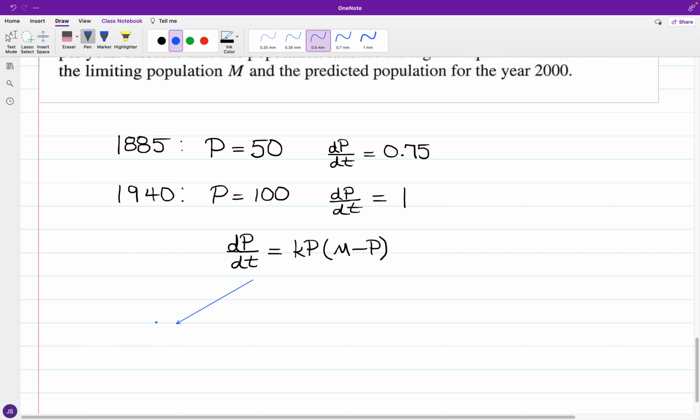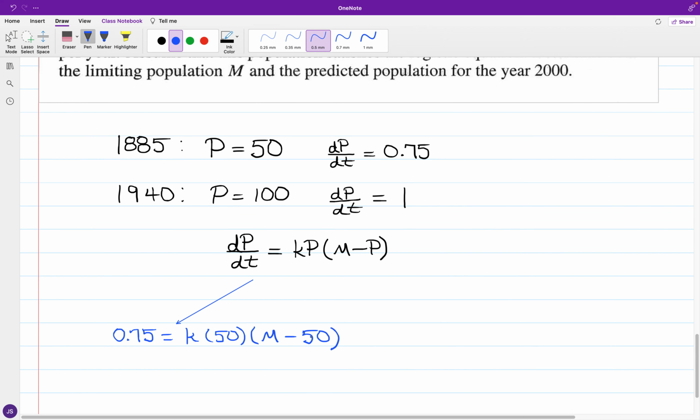So we got the rate of change, you have 0.75, is equal to K times P. P we have at 50, times the quantity of M minus P, so that's going to be the quantity of M minus 50.